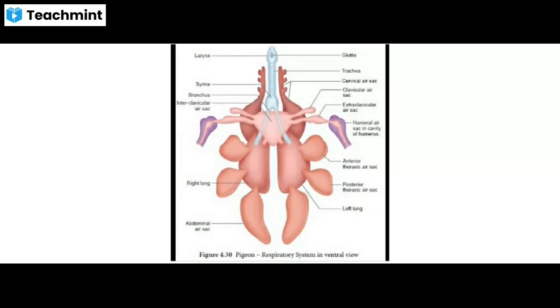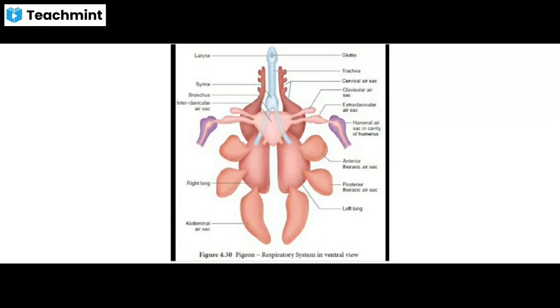Pigeon respiratory system. The pigeon respiratory system is highly developed. Why? Because flight activity requires a continuous and abundant supply of oxygen. Pigeon exhibits pulmonary respiration.